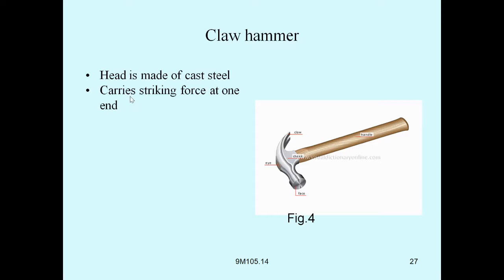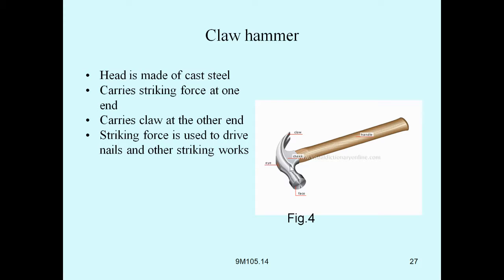The head carries the striking force at one end and carries the claw at the other end. One side of the head has a face and the other side has a claw.